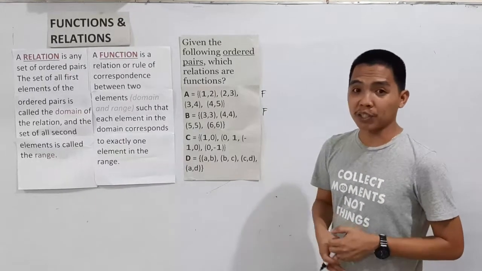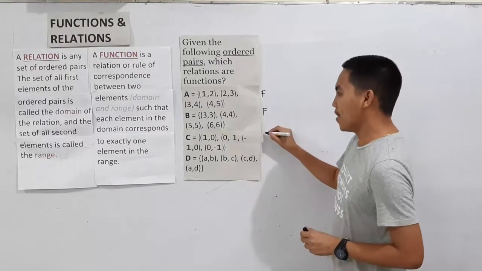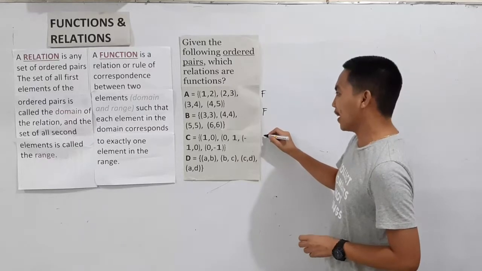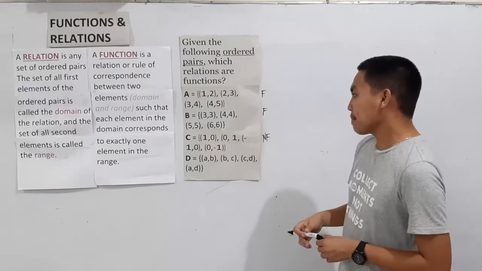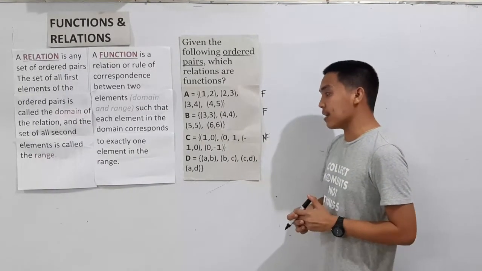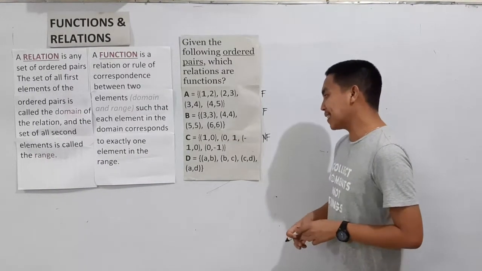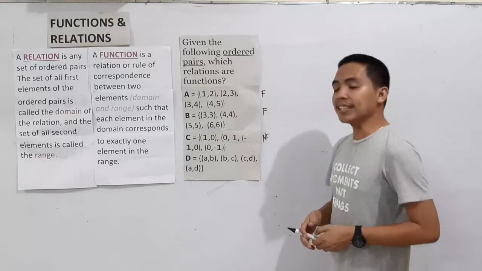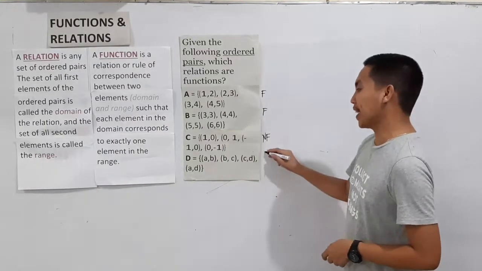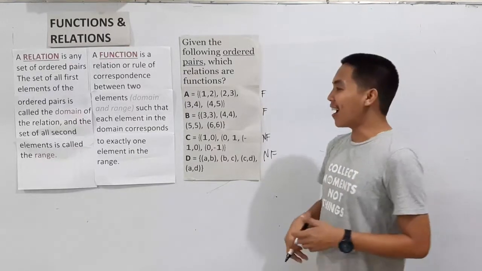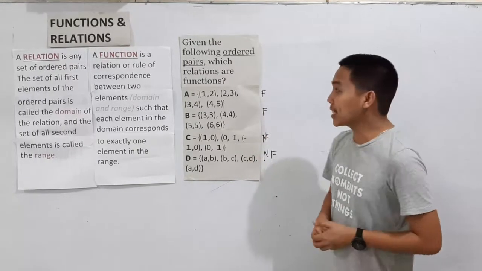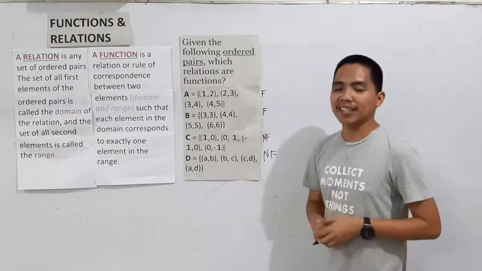Is letter C a function? No, not a function. It's a relation. So, it's not a function. How about letter D? AB, BC, CD, AD. Is this a function? Okay. This is not a function. So A and B are the only functions in the set of ordered pairs.